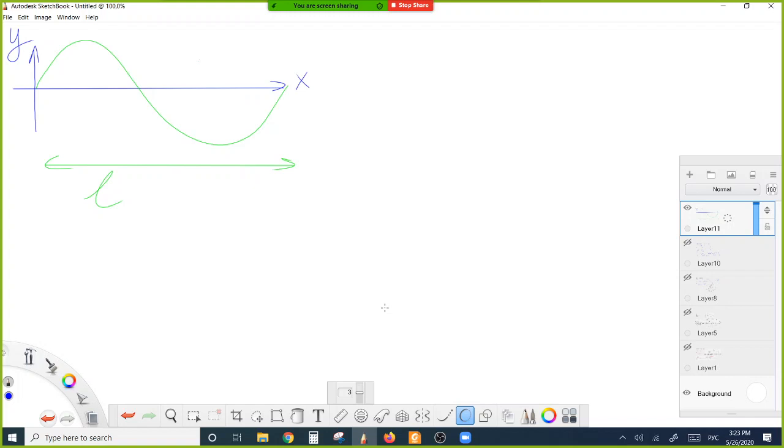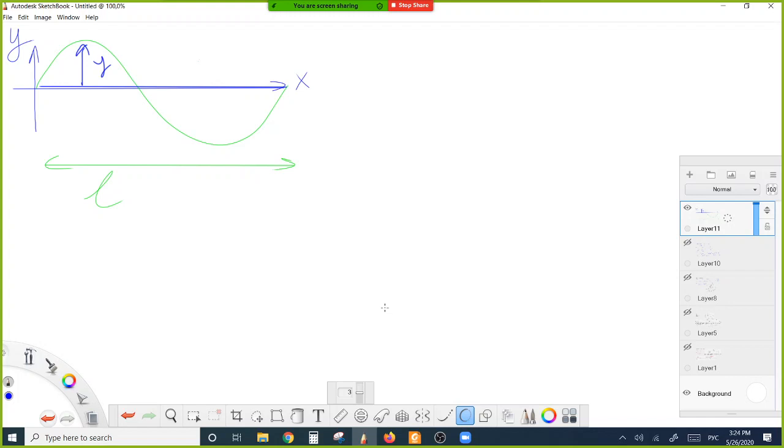Now here in the figure we have a string with the length of L and it oscillates, and the amplitudes of oscillations are given as the coordinate y.